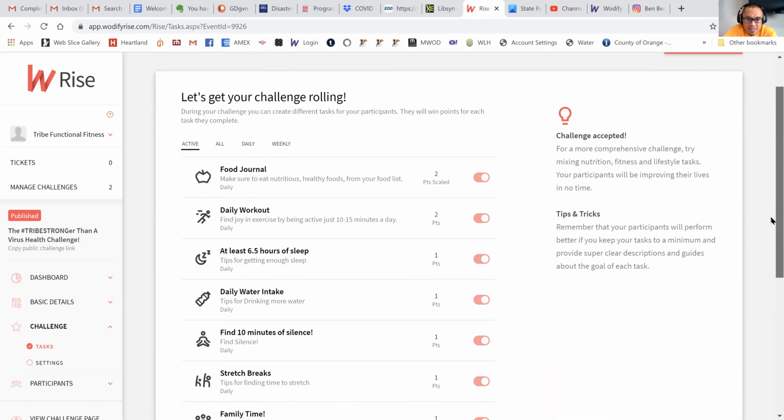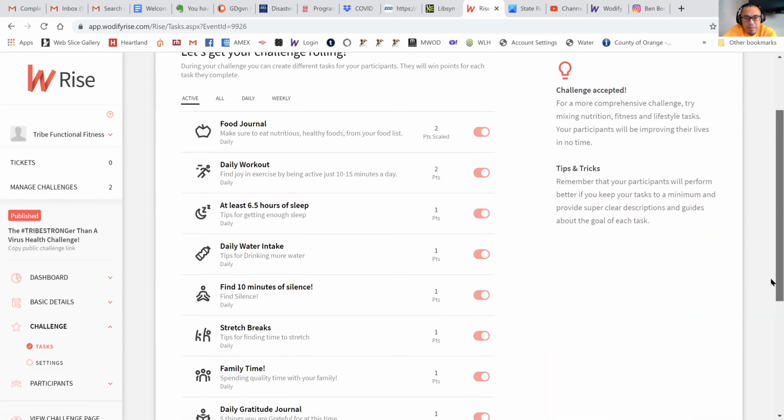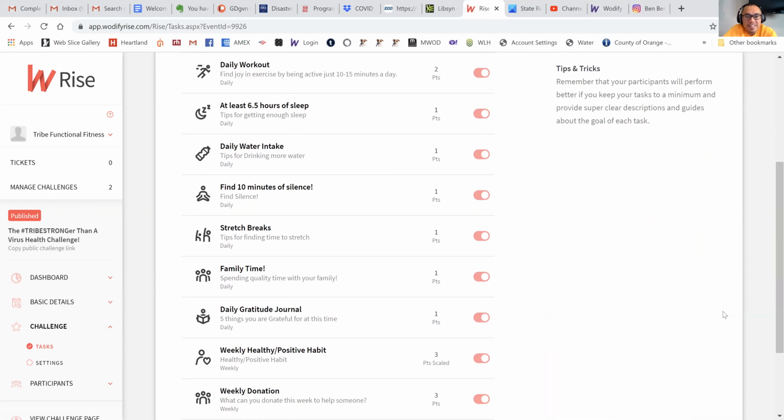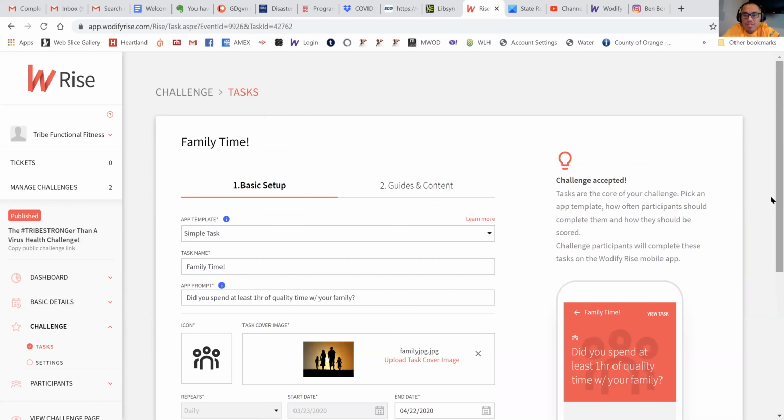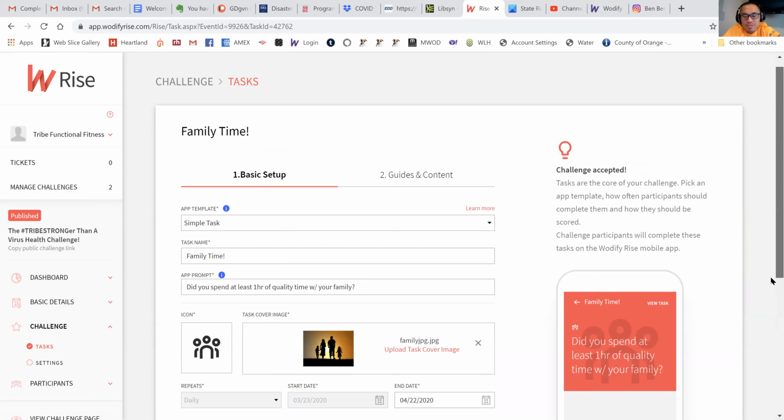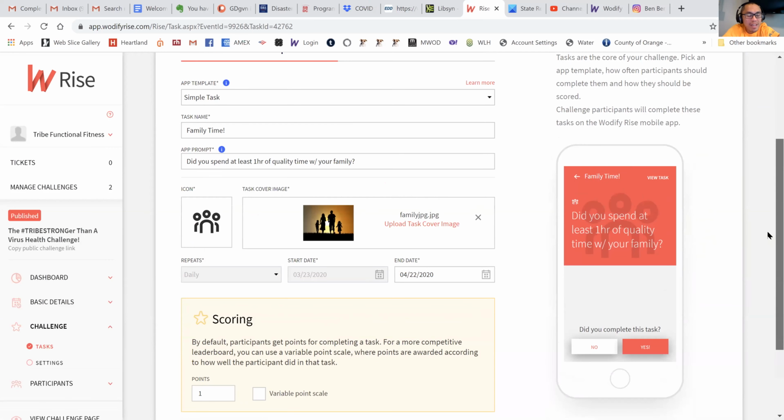And then family time. I think the big thing we have right now is time. So an hour a day, which maybe was unheard of before, is pretty doable right now. So we're asking you guys to spend an hour of time with your family, with your loved ones. If you have a roommate, spend some time with your roommates, right?